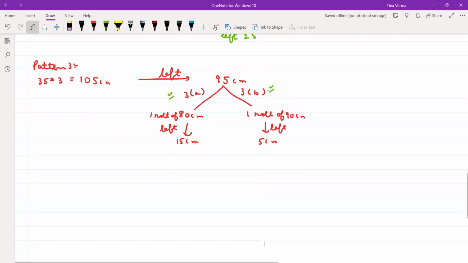Next, we will take 2 rolls of 35. दो 35 के लोगे तो that will be the same as the case of, if you are cutting two more rolls of 35 centimeter, the number of 35 centimeter rolls will be 5 and you will be left with 25 centimeter.